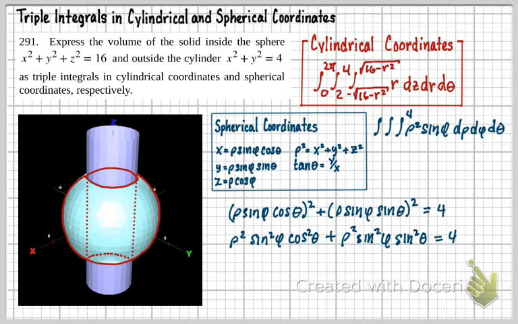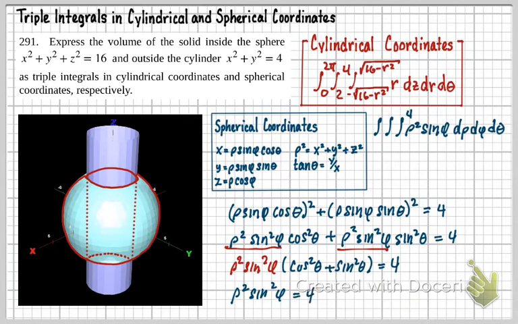So now from here, we can factor out a rho squared sine squared phi from both of these. And that's going to be rho squared sine squared phi, and what we have left is cosine squared theta plus sine squared theta, and that's going to equal 4. And notice this, that this here equals 1. So now that's going to result in rho squared sine squared phi equals 4.